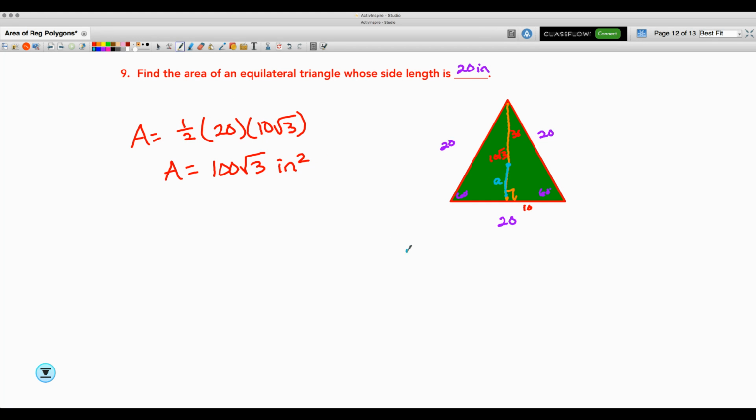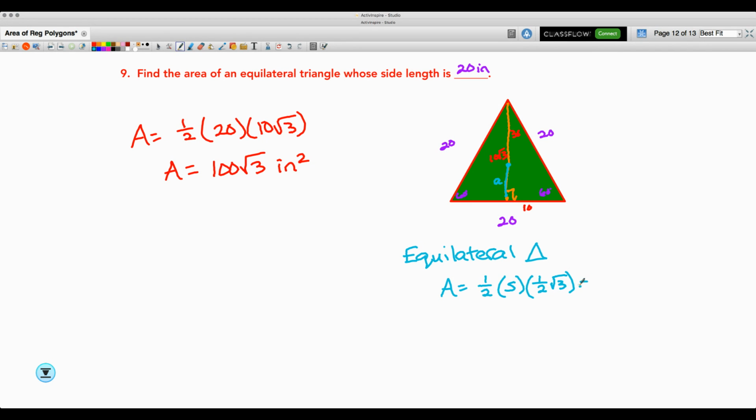And actually, there's a quick formula that's especially, maybe on the ACT, that works for equilateral triangles. Instead of just 1/2 base times height, for an equilateral triangle, because it's a 30, 60, 90 triangle, it's going to work out that every time, if I call the base the side, the height is always going to be half of the base times the square root of 3.